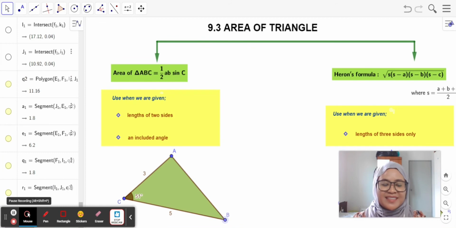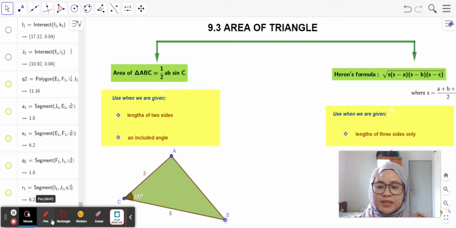Hello everyone, since all of you have watched the previous video on the theory for the area of triangle, let's recap a bit on the area of triangle. The left side is the general formula for solving the area of a triangle.